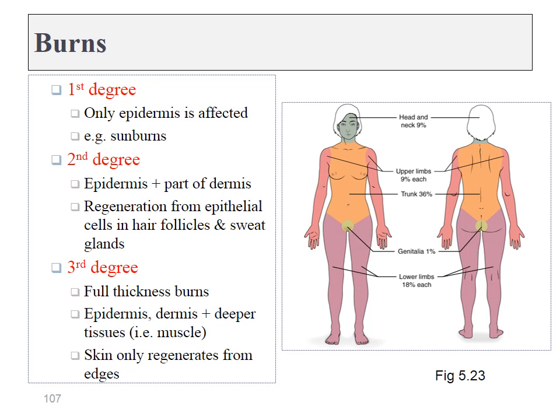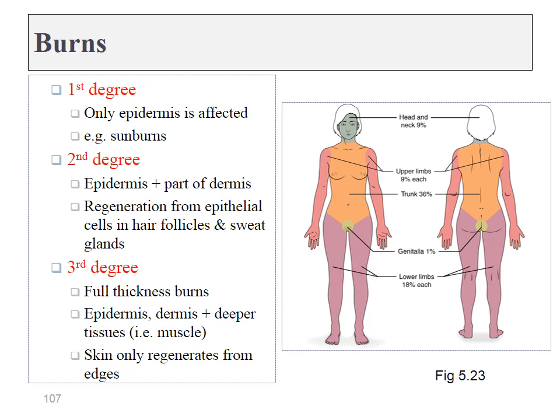A second-degree burn includes damage all the way down into the dermis. This is obviously worse than a first-degree burn, but still can heal itself relatively well because there are plenty of epithelial cells down in the hair follicles, which, if needed, can divide to produce new stratified squamous epithelium covering the surface of the skin.